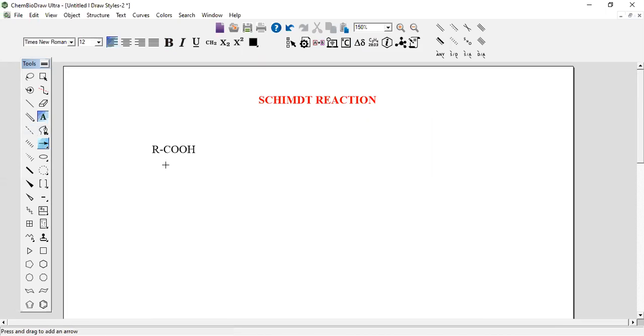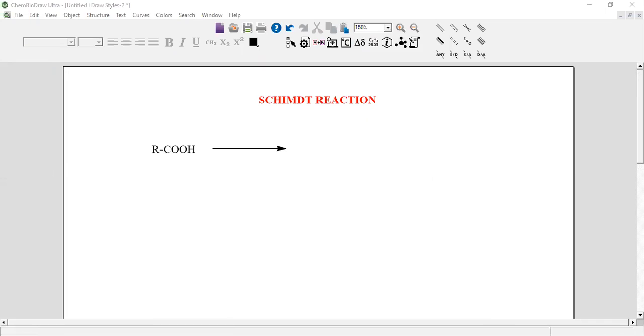What is the name of this compound? COOH means what? Carboxylic acid, very good. This carboxylic acid will be converted into another compound. I will tell you this one.